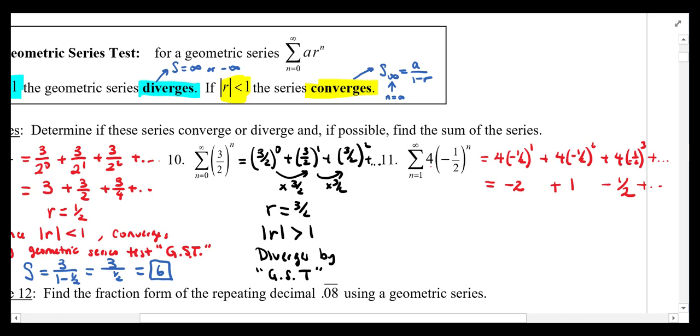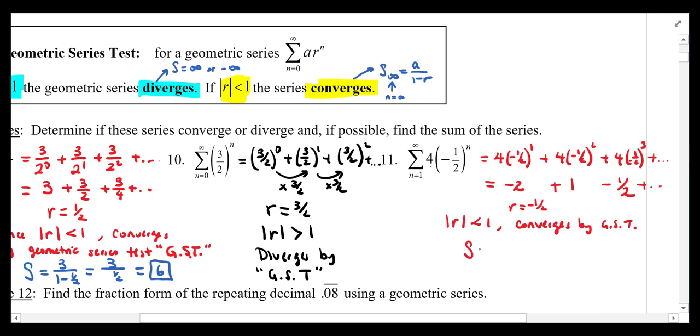And here, I hope you can see that the r is equal to -1/2. And since the absolute value of that is still less than 1, this converges by the geometric series test.